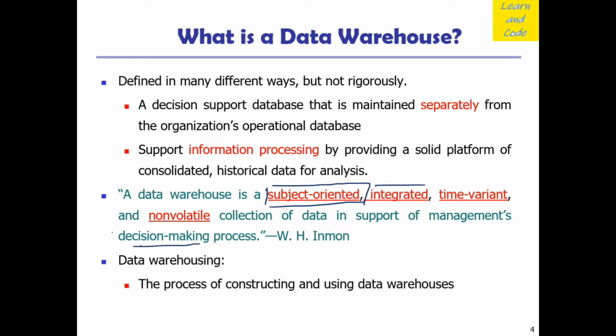We'll discuss each and every property. This is very important. The basic objective behind having a data warehouse is that we can make intelligent decisions that may be used in our businesses.